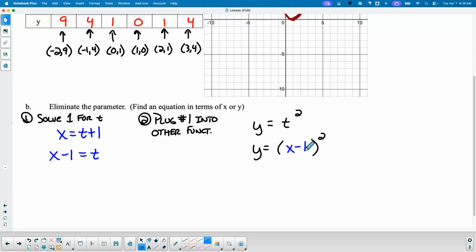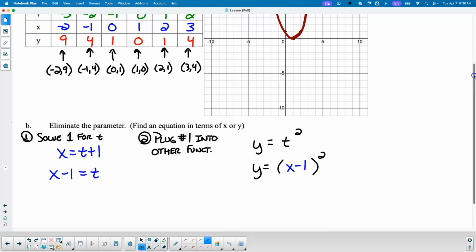Which, if you remember from your Algebra 2 days, is a parabola with a vertex at the point 1, 0, opening up and following the 1, 4, 9 pattern. So left and right 1, up 1. Left and right 2, up 4. Left and right 3, up 9.